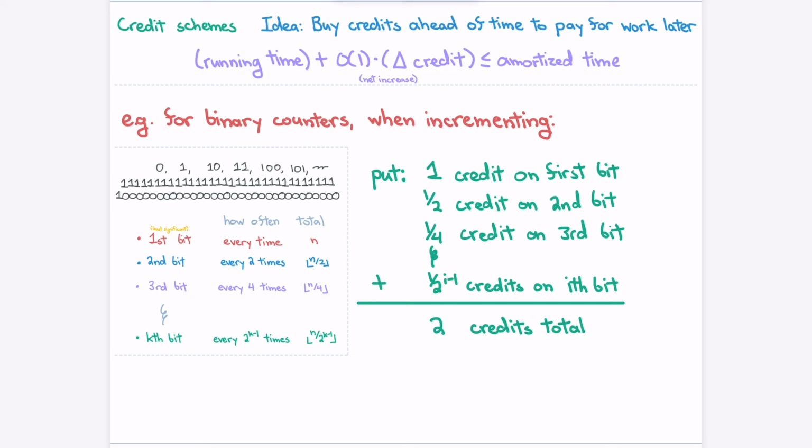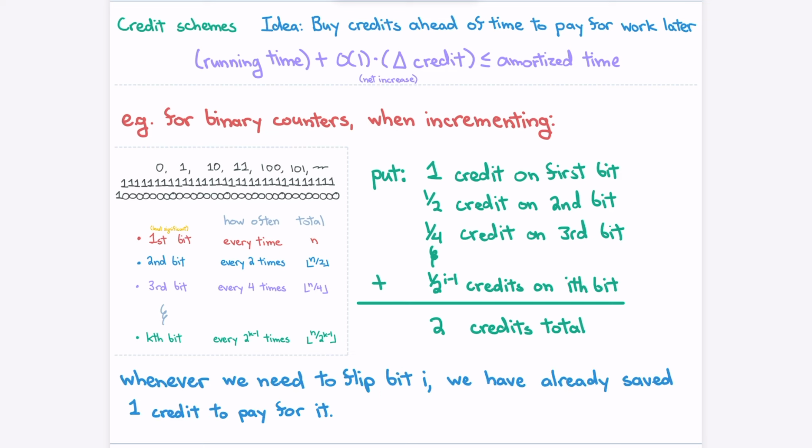So by organizing or conceptualizing the 2 credits we buy this way, kind of like different accounts for each bit, I can guarantee that every time I need to flip a bit I have 1 full credit reserved for flipping that bit. And I'll always be able to pay for flipping.